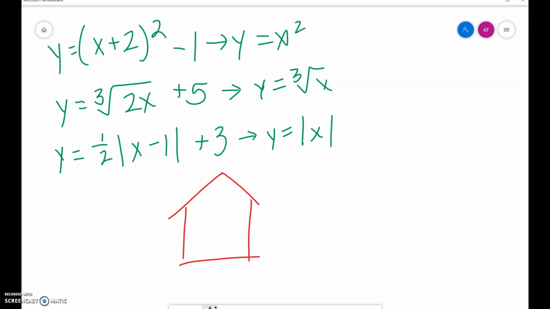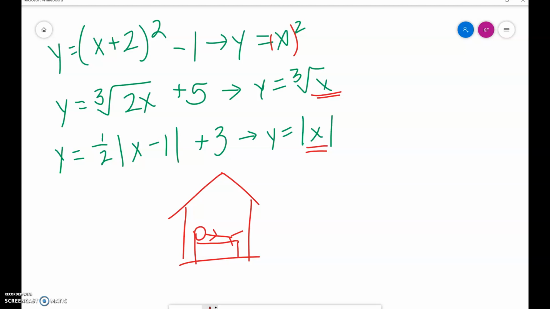Okay, so we've got a house, and the house represents the separation point, like inside the house would be inside the absolute value sign, or inside the radical symbol, or inside of parentheses. So in the house, it's really important that you sleep on a bed, and that bed is horizontal, okay?